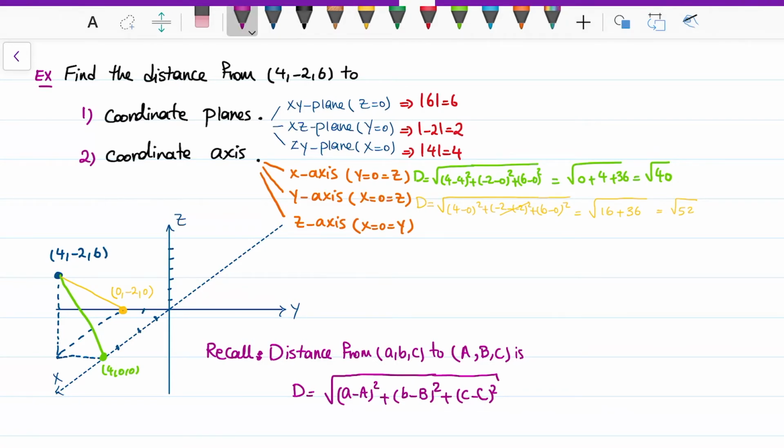Okay, now the last one. The last one is the distance from the point to the z-axis. The closest point to the given point would be this point in here, which is what? Which is the point 0, 0, and then 6. Why is this the closest one?